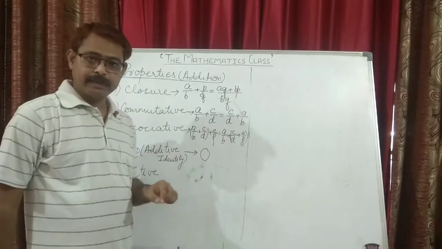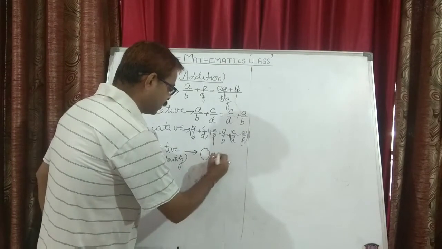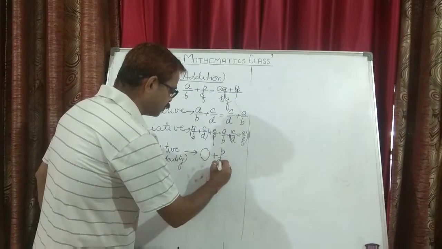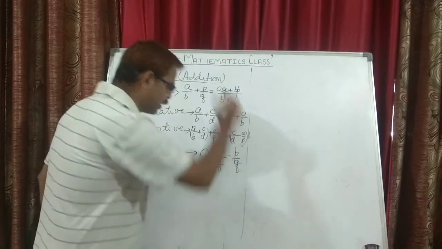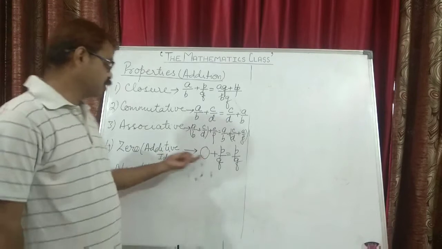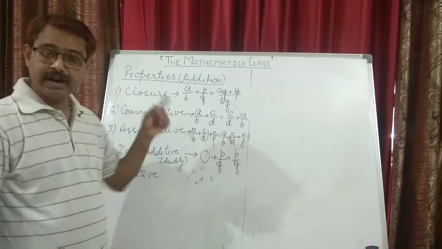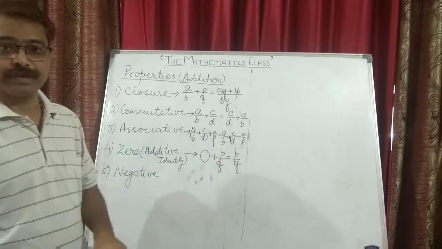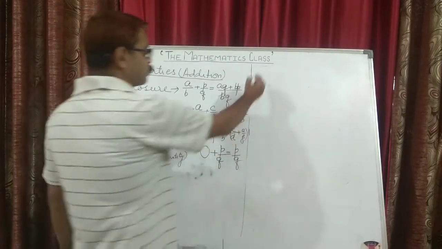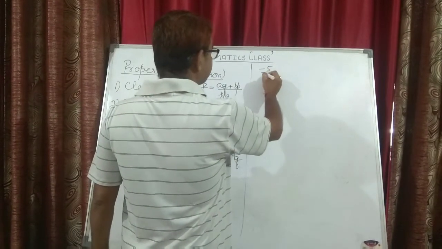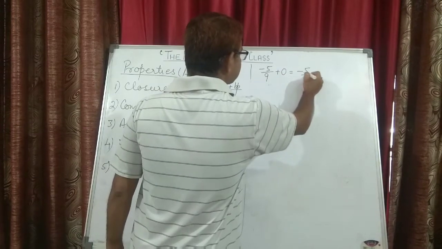It is of that type that if it is added to any number, let's say P upon Q, result will be the same rational number. So 0 is also known as additive identity for rational numbers for addition. Suppose I say minus 5 upon 9 plus 0 will give you again minus 5 upon 9.